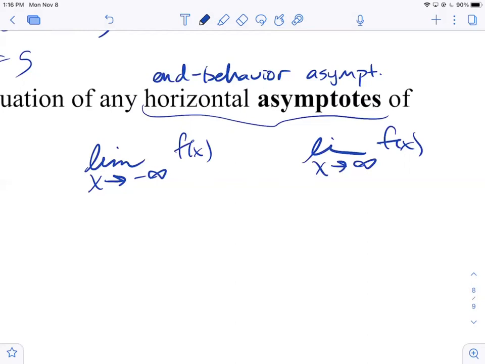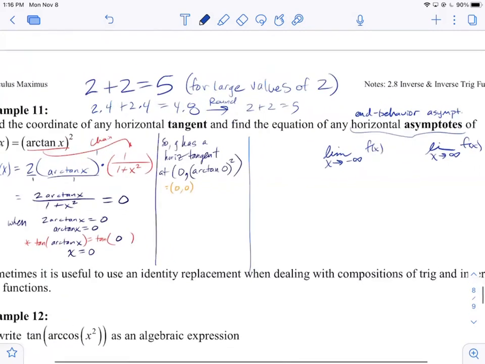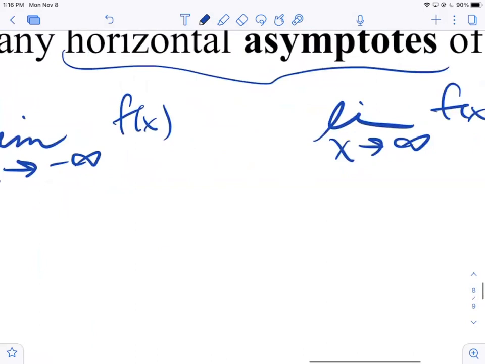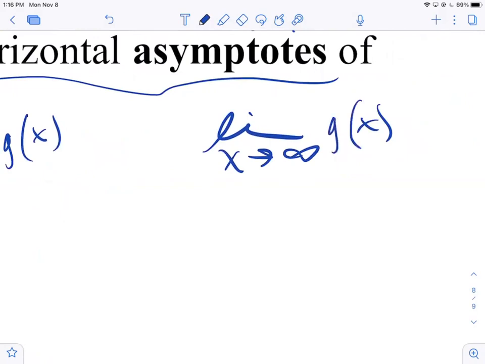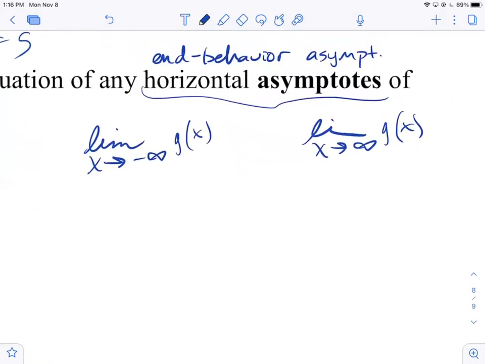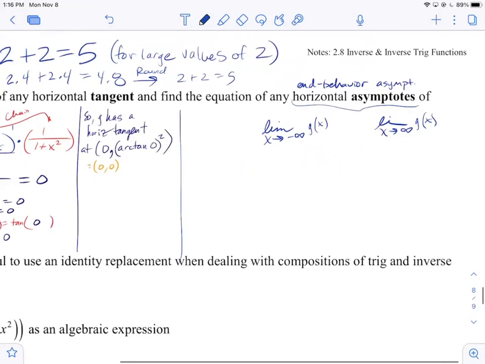If you know there's a horizontal asymptote like at y equals 4, then one of those two, maybe both, have to equal 4. So let's set that up, or it's g of x in this case. If you're only given one function and it's not named f of x, and you mistakenly call it f of x, it's not going to be a point deduction.